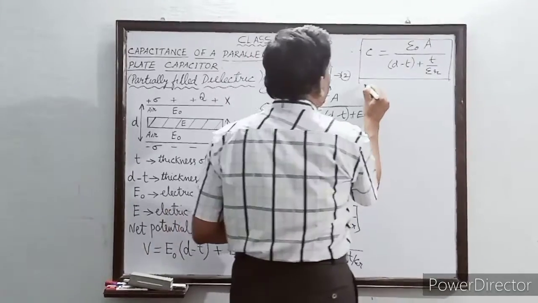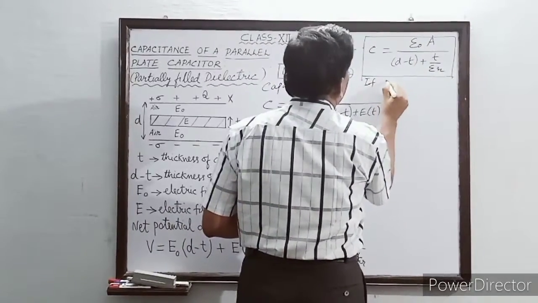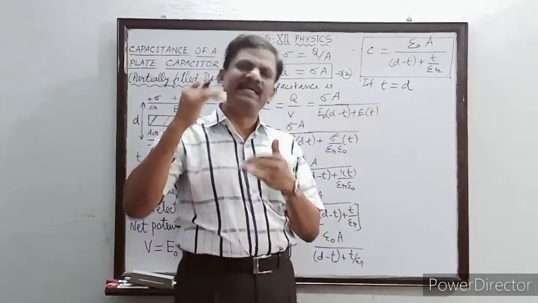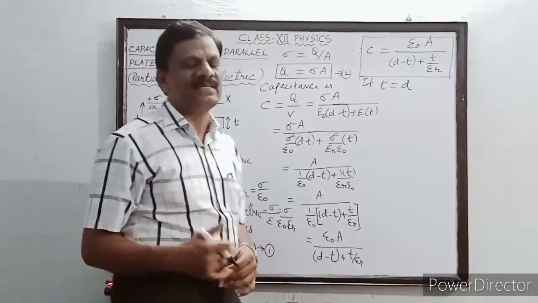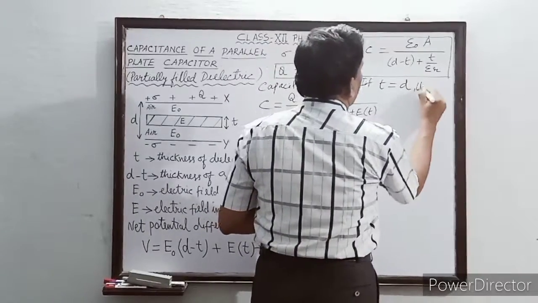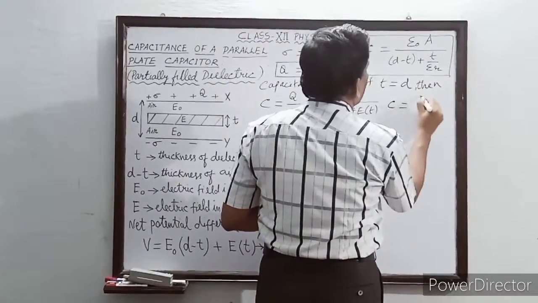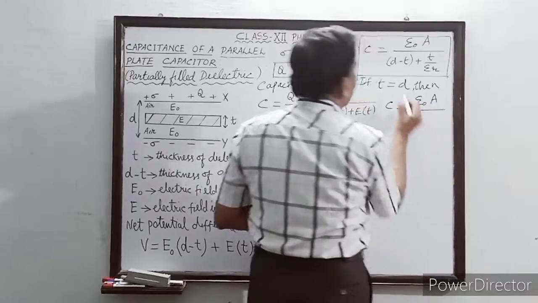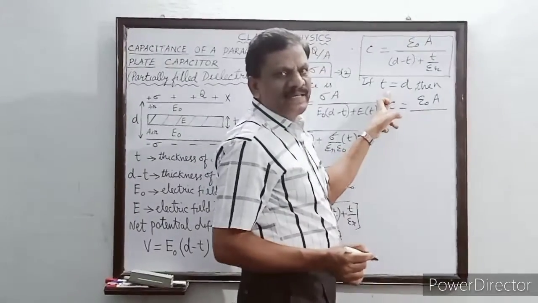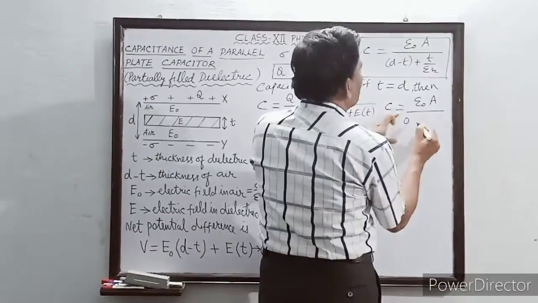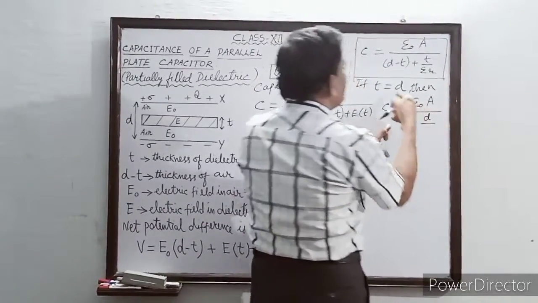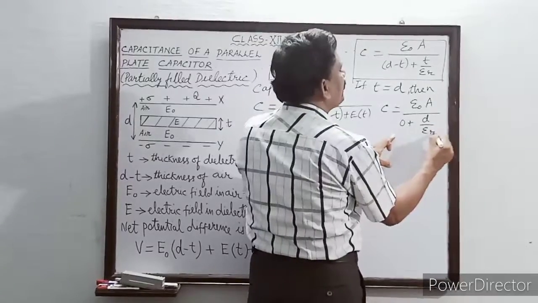If t is equal to d, that means the thickness of the dielectric is equal to the distance between the two plates, so the entire space is filled with dielectric. Then C is equal to epsilon naught into A divided by, first term d minus t will become 0, because both are one and the same, plus t, which is nothing but d, divided by epsilon r.